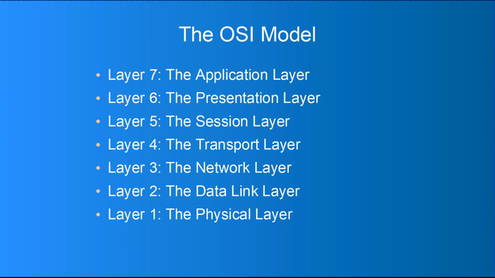In this video, we're going to concentrate on the physical layer, and in the next one we'll look at the data link layer and work our way up. I probably won't go much into the layers above layer 3 or layer 4, mostly because we're dealing with the physical network within our robots rather than the software side of it.